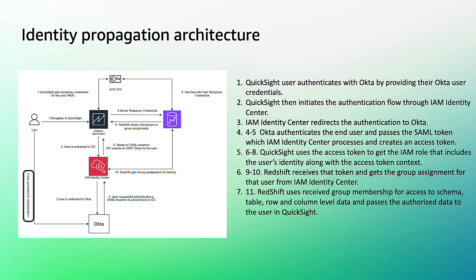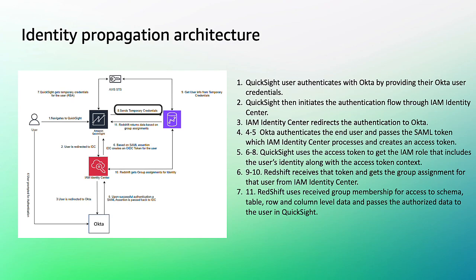Once that user is authenticated, upon successful authentication, a SAML assertion token is passed back to IDC. In that case, IDC uses that assertion and creates its own OIDC token for the user, and passes it back to QuickSight. Now, QuickSight understands this OIDC token.